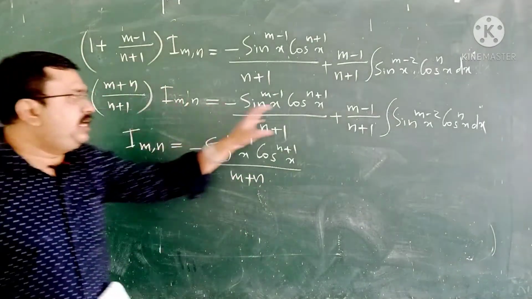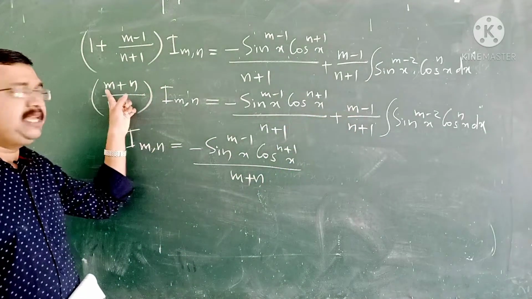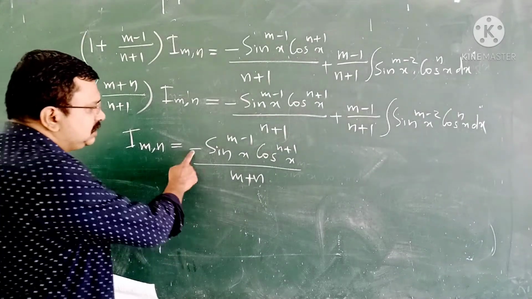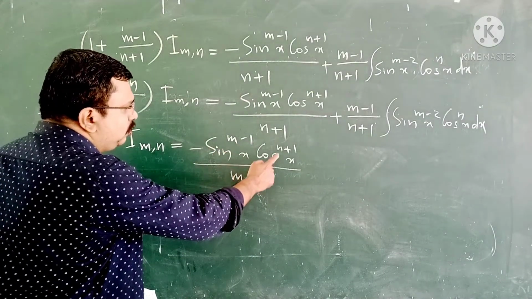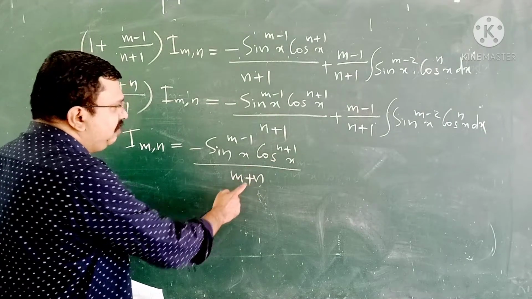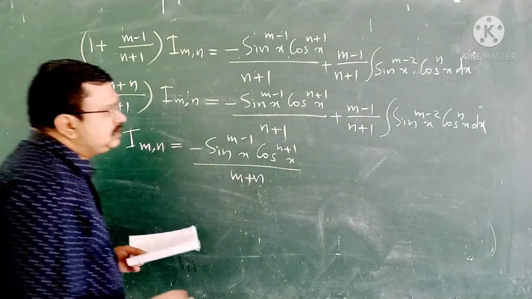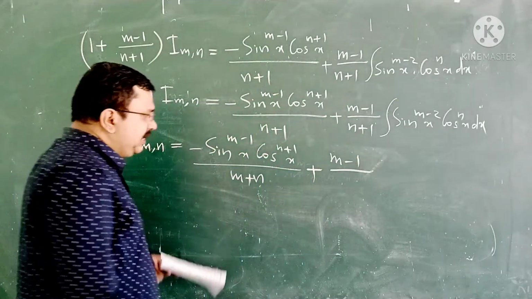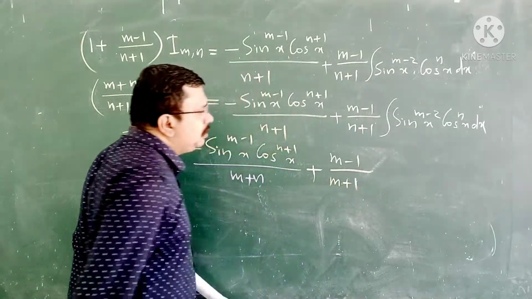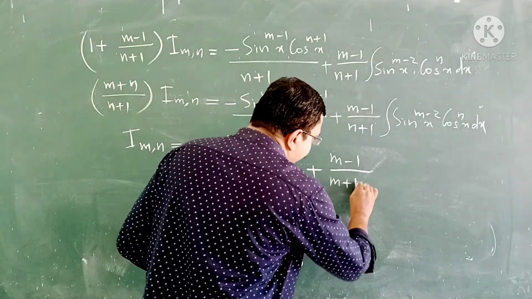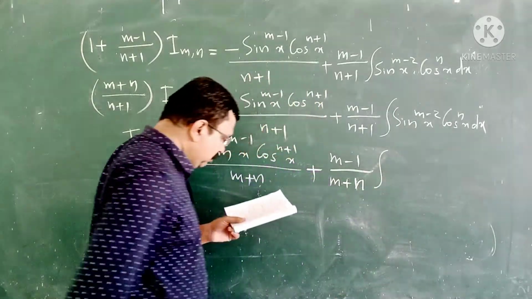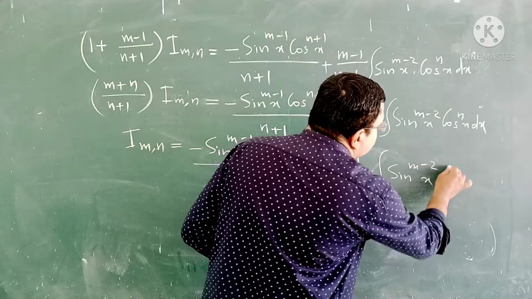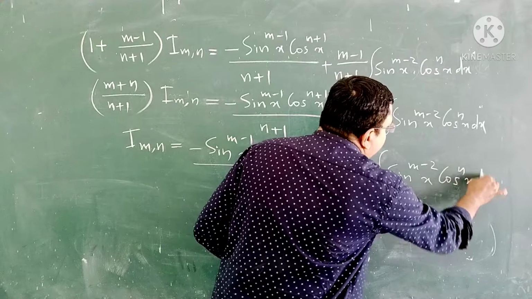Remember that we are dividing throughout this equation using m plus n by n plus 1. Then plus m minus 1 by m plus n into integral sin raised to m minus 2 x cos raised to n x dx.